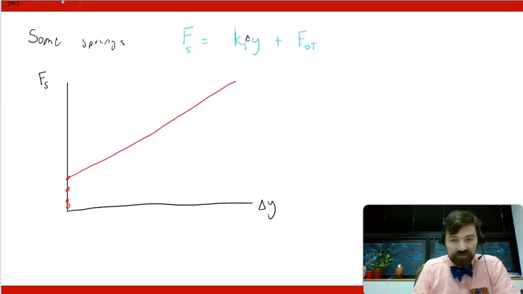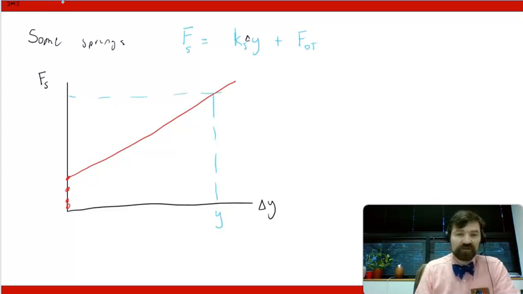In any case, what that means is that if I'm trying to figure out what is the total work done or the total potential energy stored in this system, let's again say it's stretched by some amount y, this right here becomes ksy plus F internal tension.